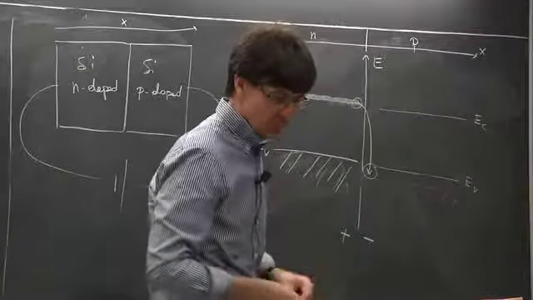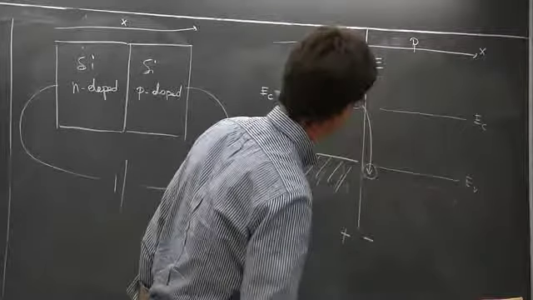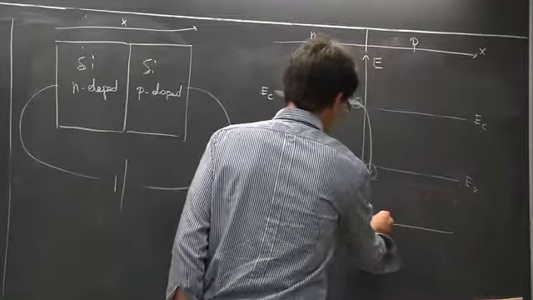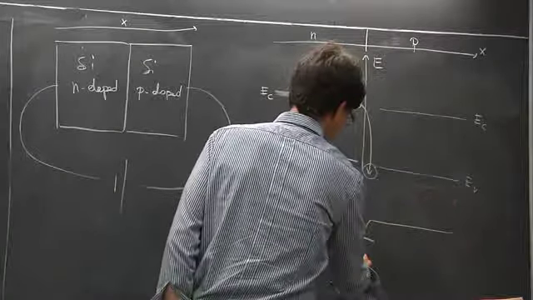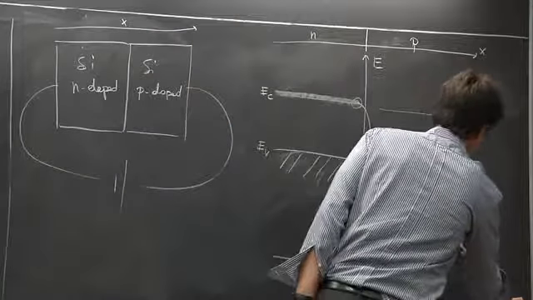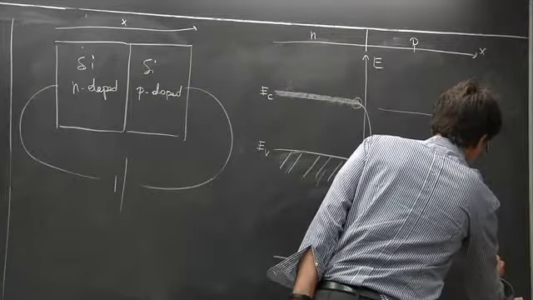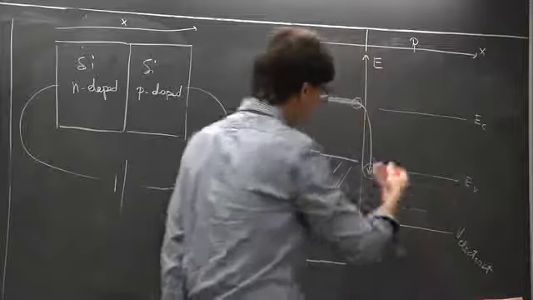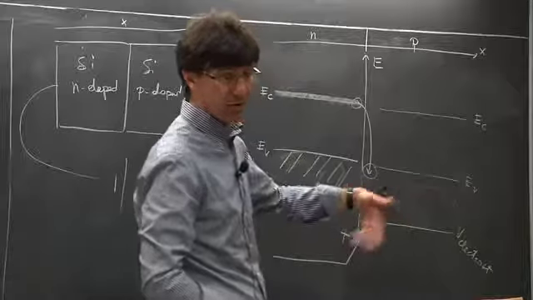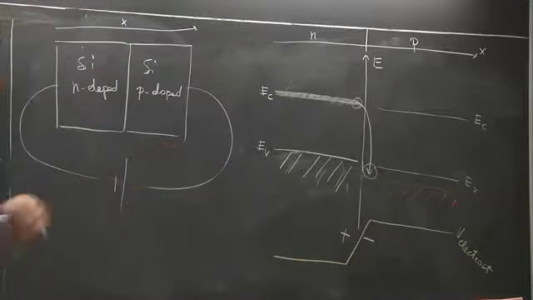So all this will create an additional potential in the system, which will look like this: flat until here, drop here, like this. This will be an additional electrostatic potential, and the jump will grow depending on the amount of carriers that I bring from one side to the other.